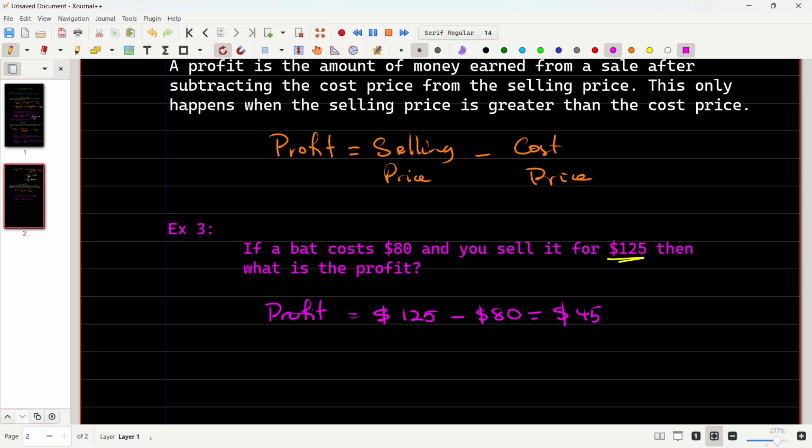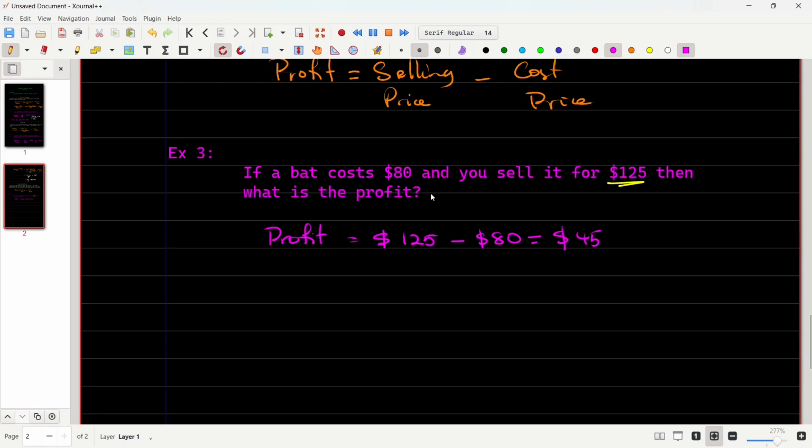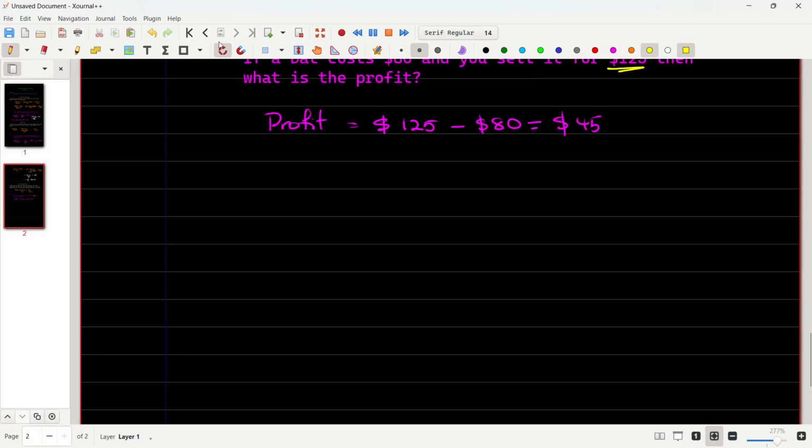Now, similarly, there's a case where this answer is going to be negative. And in that case, we call that a loss. So calculating losses, let me just put that here. So calculating loss.